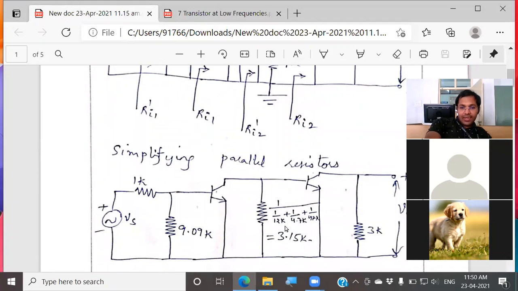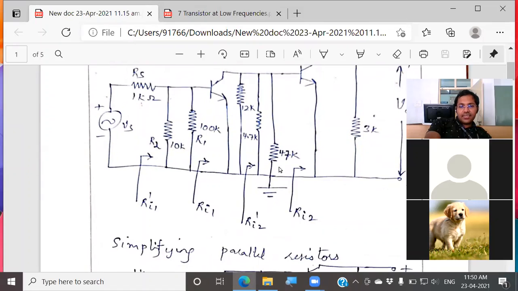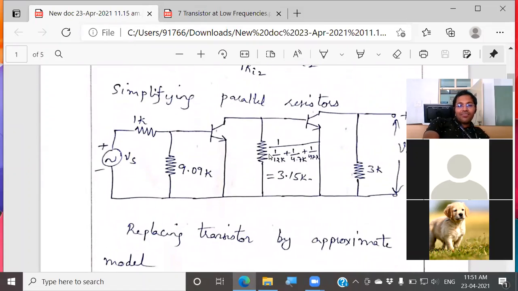Then these two as it is. We are only simplifying this one and these three resistors. When we simplify, we are getting 3.15 kilo.